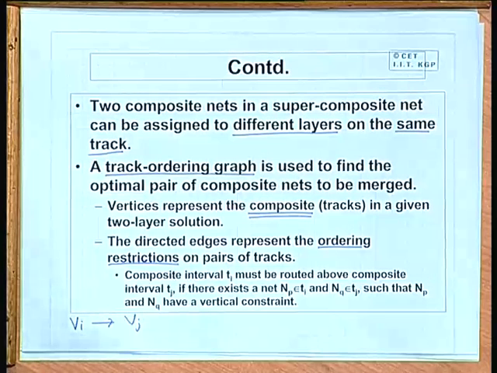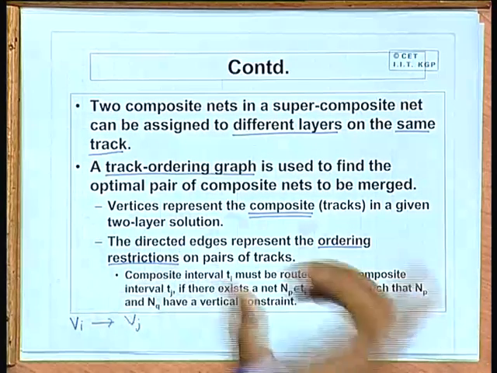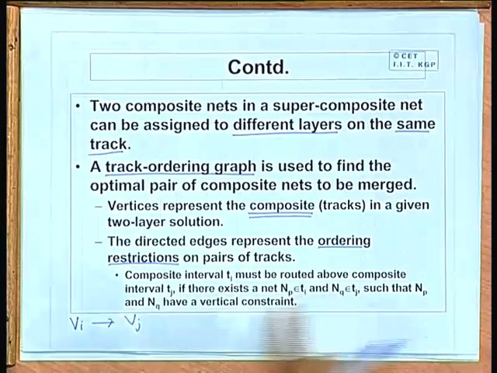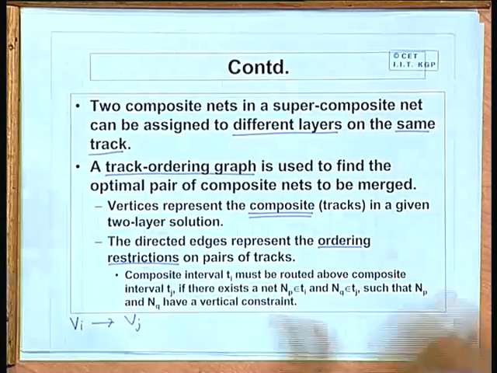Because Ti is a composite net, it can consist of 3 nets. Tj is also a composite net, it can consist of 2 or 3 nets. Now, if any one net from Ti has a vertical constraint with any one net of Tj, then Ti has to be placed above Tj. Okay? This is the idea. So, now let us see with an example how this works.